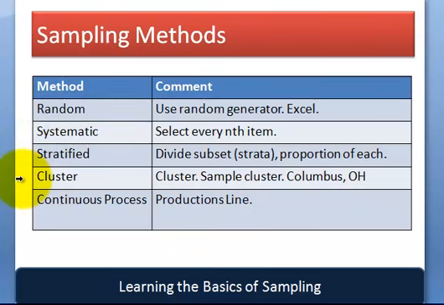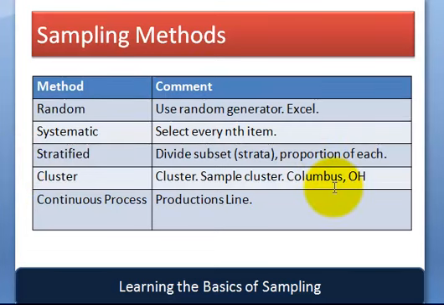Another example is a cluster. This is often used in, let's say I was introducing a new kind of burger at a fast food place. It probably wouldn't make economic sense for me to stratify and test market my burger all over the United States and in every single stratum. So what I would do is try to get a cluster that I think is somewhat representative of the United States.